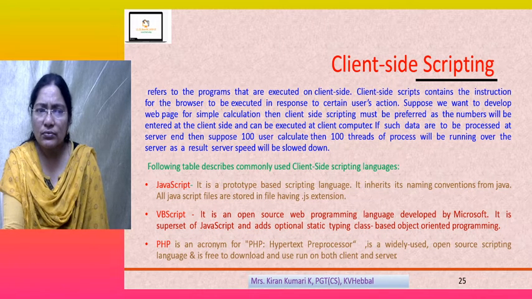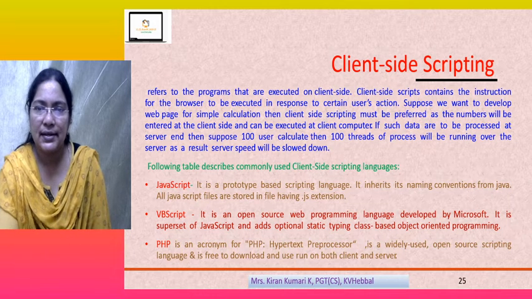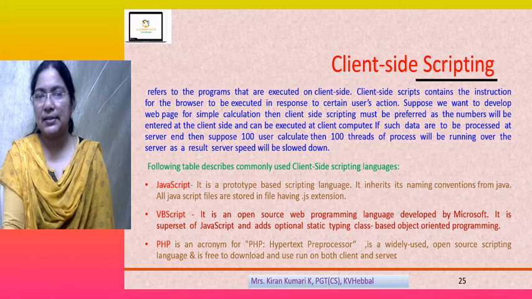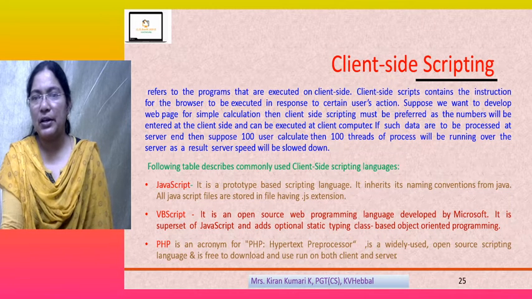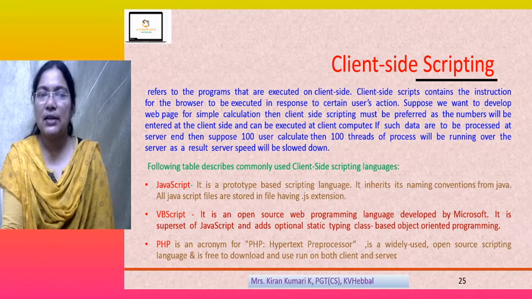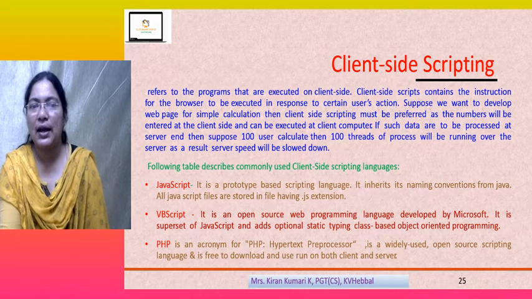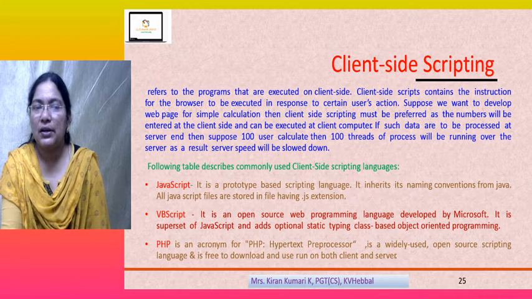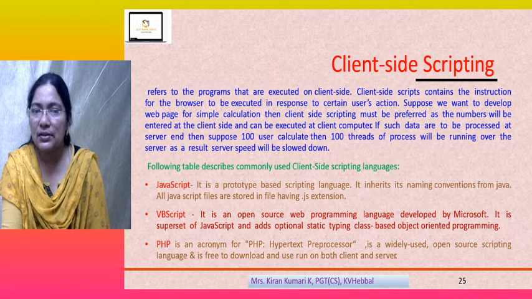So here is a list of client side scripting languages. JavaScript is a prototype based scripting language. It inherits its naming conventions from Java. All JavaScript files are stored in files having the .js extension. VBScript is an open source web programming language developed by Microsoft.